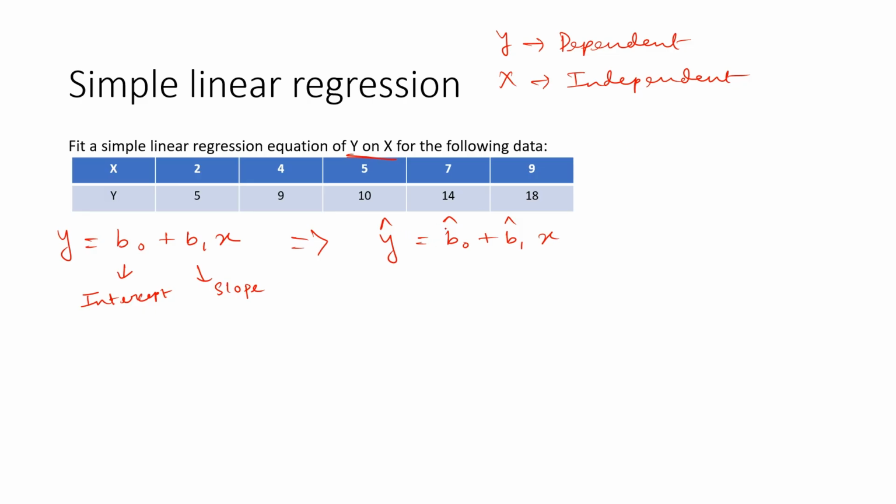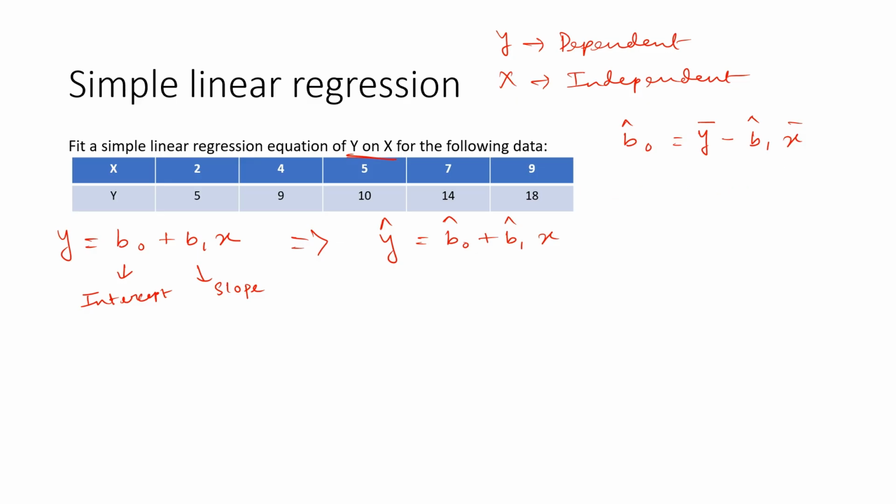To calculate b naught hat and b1 hat, we have some formulas. The formula to calculate b naught hat is y bar minus b1 hat x bar, where x bar and y bar are the arithmetic means of x and y respectively.